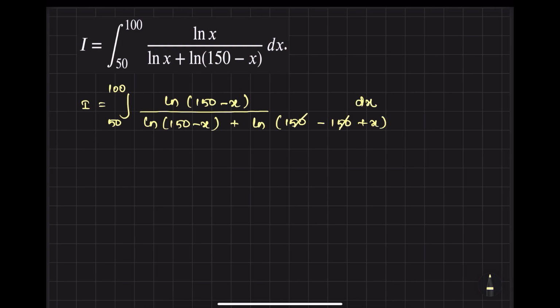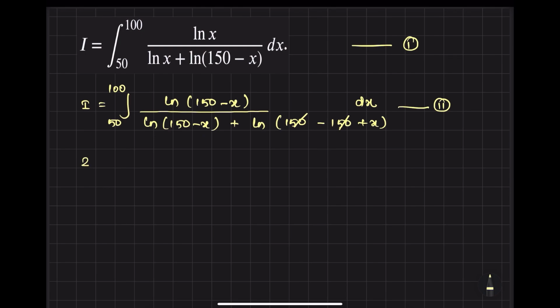So this thing gone. If you observe your equation 1 and equation 2, you will find that the denominator is the same, and the limit is also the same. So can we add both the functions?